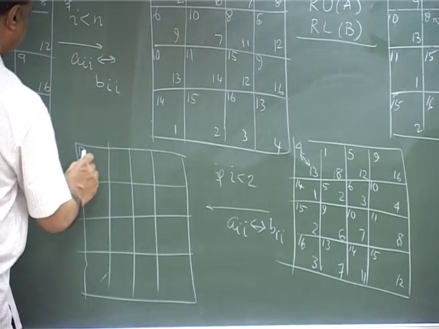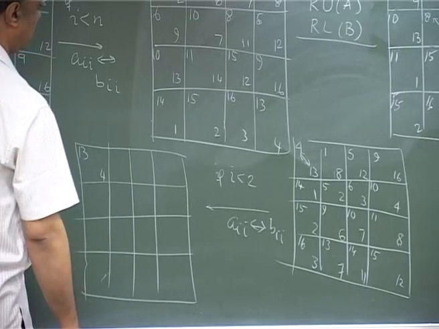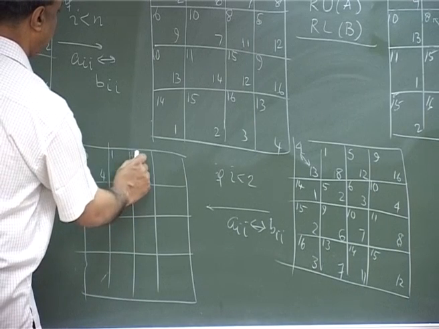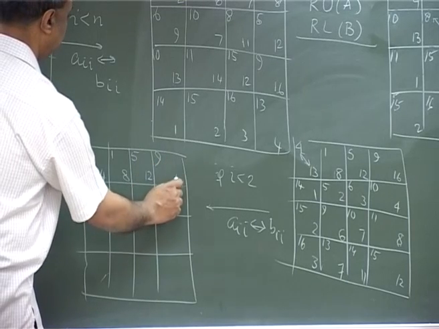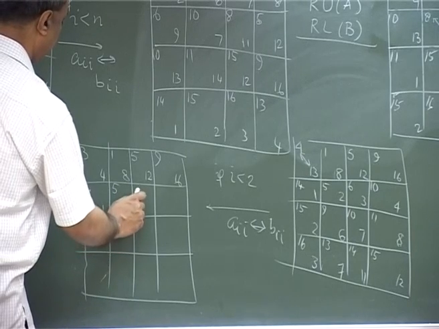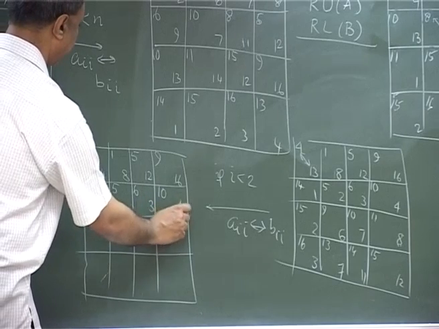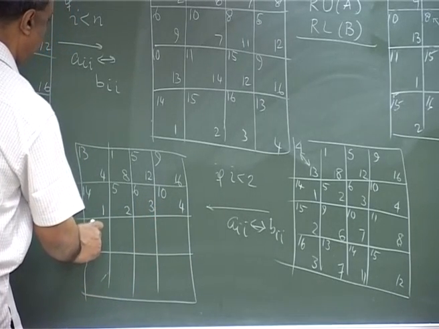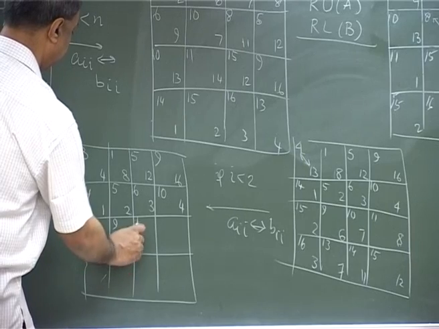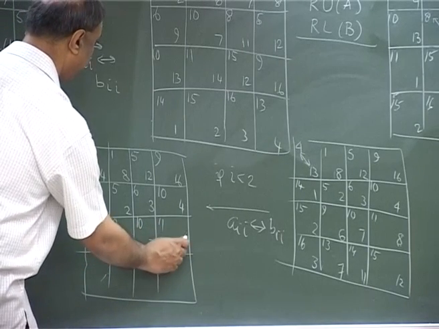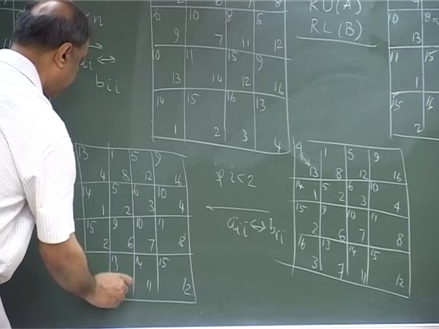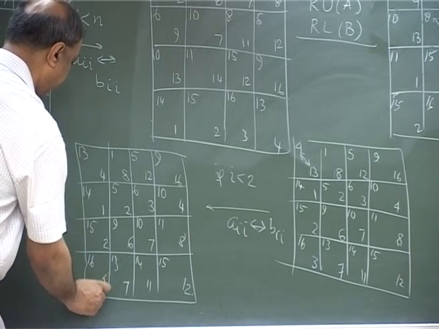So you get here 13, 4, 1, 8, 5, 12, 9, 16, 14, 1, 5, 2, 6, 3, 10, 4, 15, 2, 9, 6, 10, 7, 11, 8, 15, 12, 14, 11, 13, 7, 16, 3.